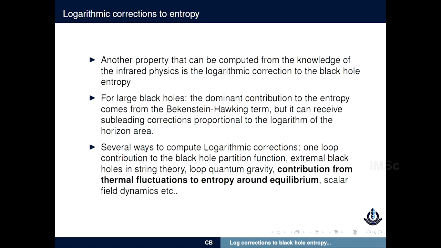There have been several ways to compute these corrections in the literature. For example, one loop contribution to the black hole partition function, particularly for black holes in string theory, where you have extremal black holes, BPS black holes, you can compute these corrections. And also in loop quantum gravity. And one particular type of computation, which I will discuss further, is the contribution coming from thermal fluctuations to entropy around equilibrium.